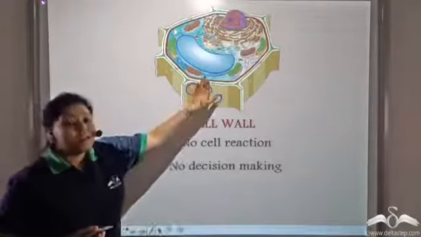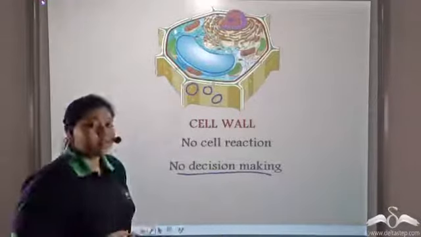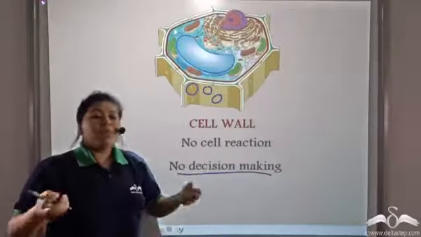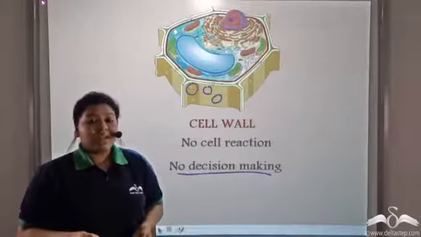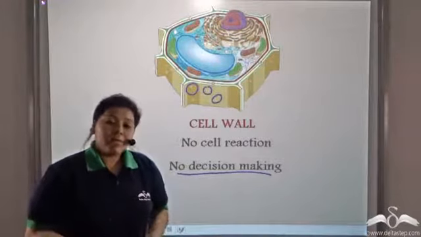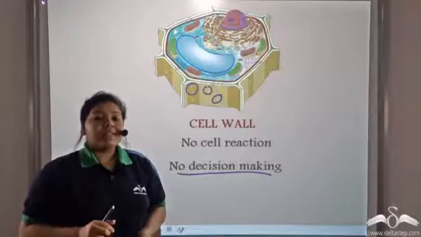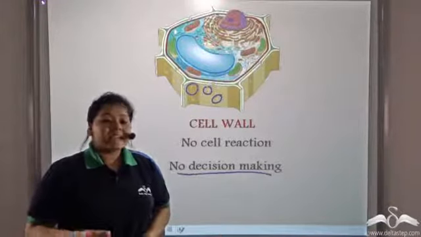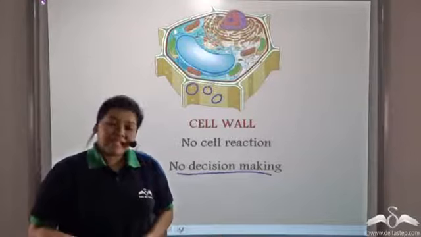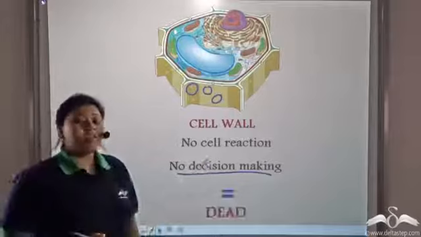So the cell wall does not take part in any decision making. It allows all molecules to flow through. It does not have a screening mechanism that allows or does not allow a specific molecule. Since they do not take part in any decision making, we can say that even the cell wall is a dead component of the cell.